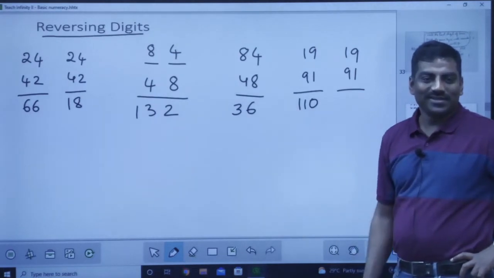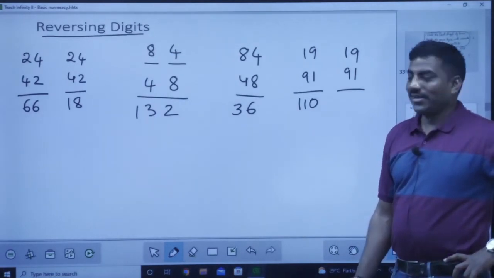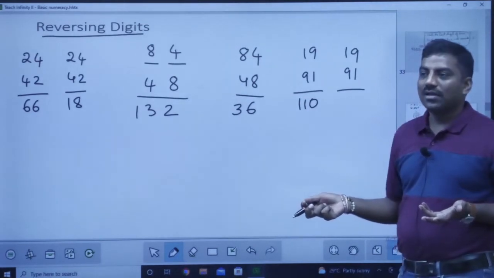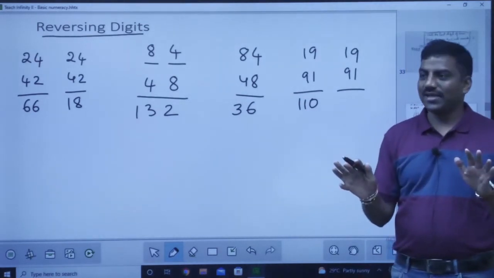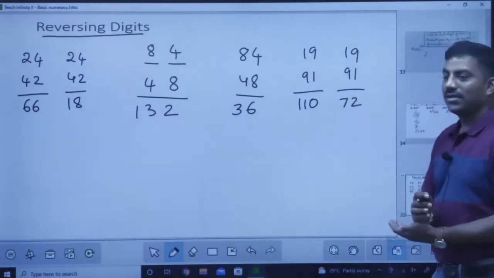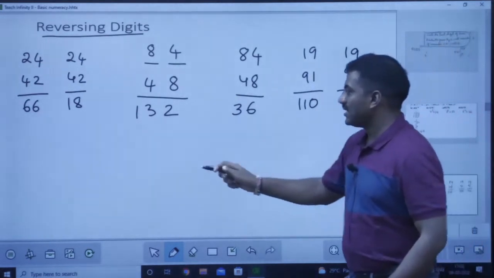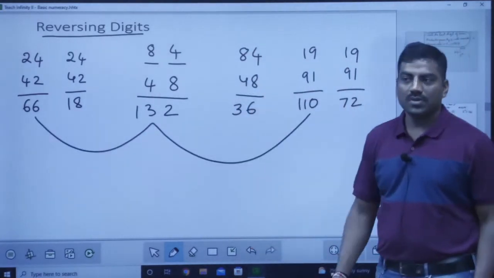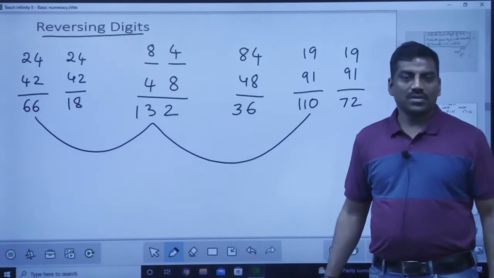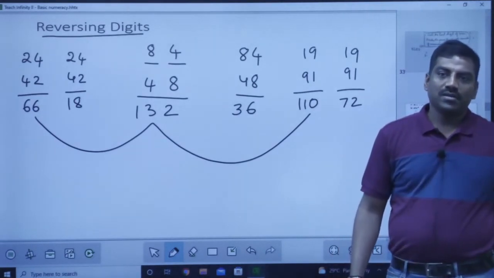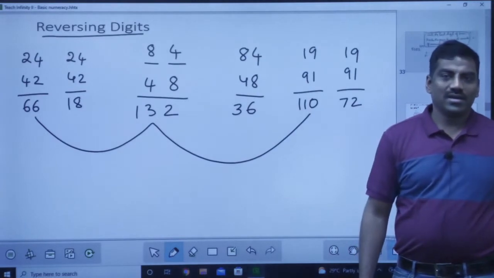Okay. 91 minus 19. Now check all the sums. We have a common factor here, 11.